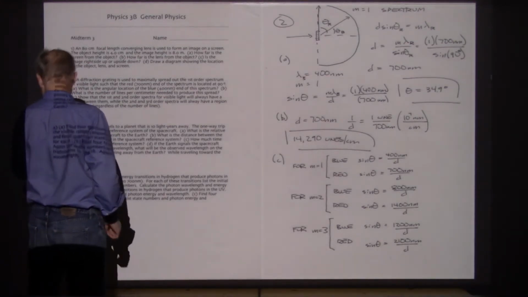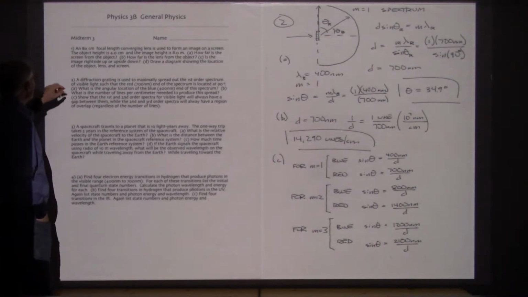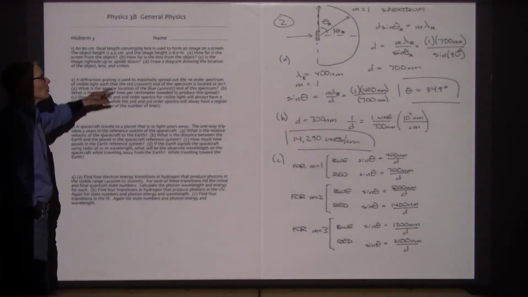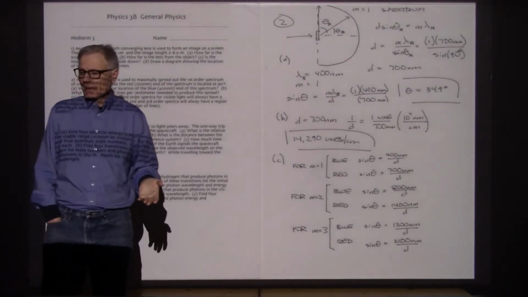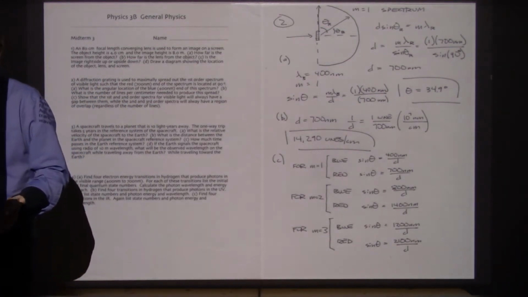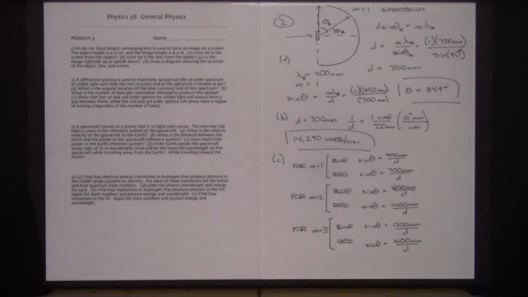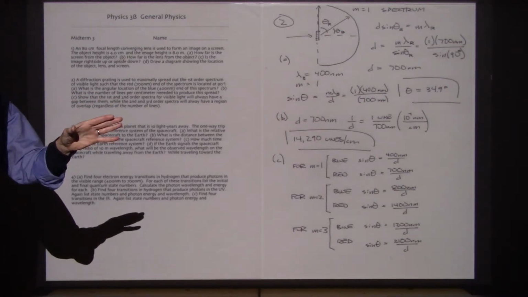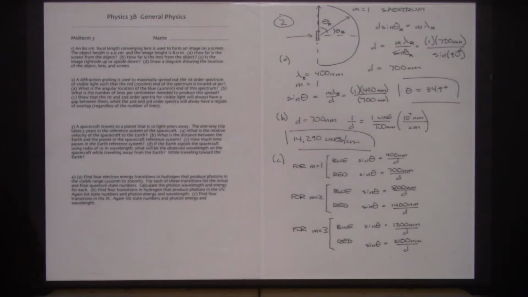Let's see, on problem 2, we are now looking at a diffraction grating. So now we've moved on and we're looking at something out of chapter 34/35, where we're looking at interference effects. And so we had those first couple chapters on mirrors and lenses, and now we're looking at chapters dealing with interference effects.